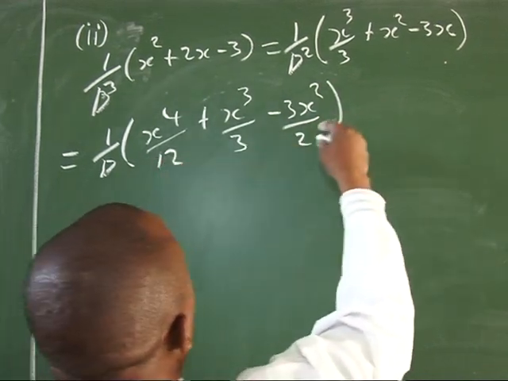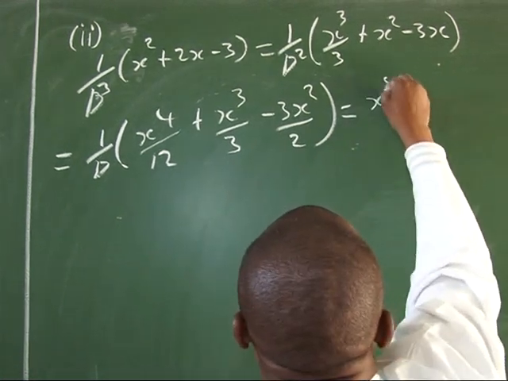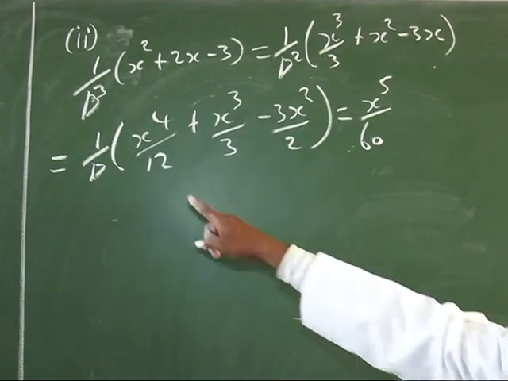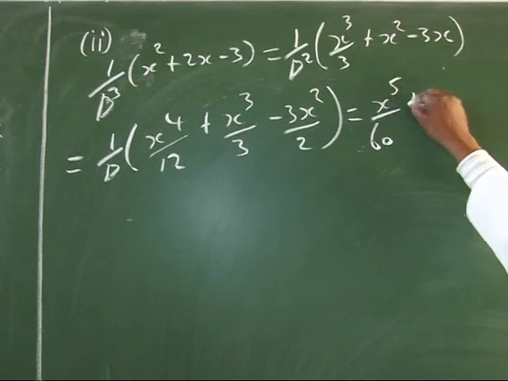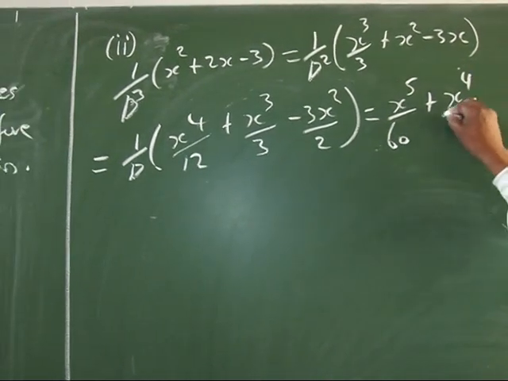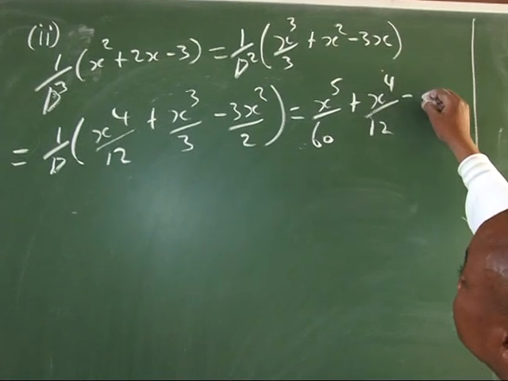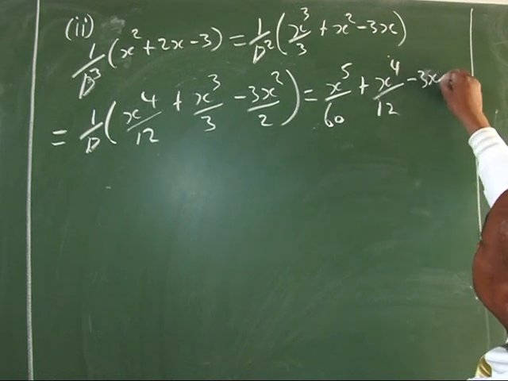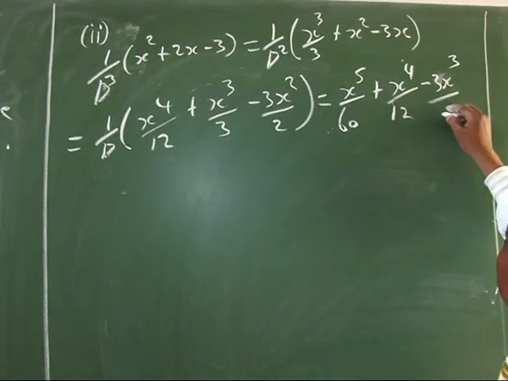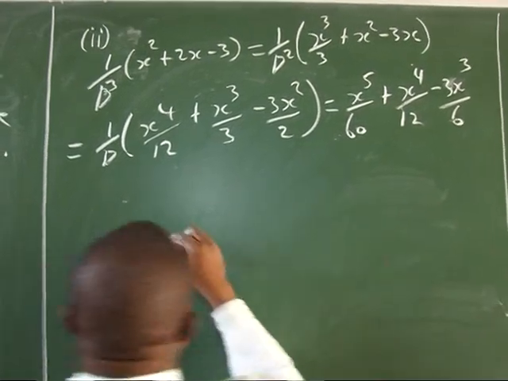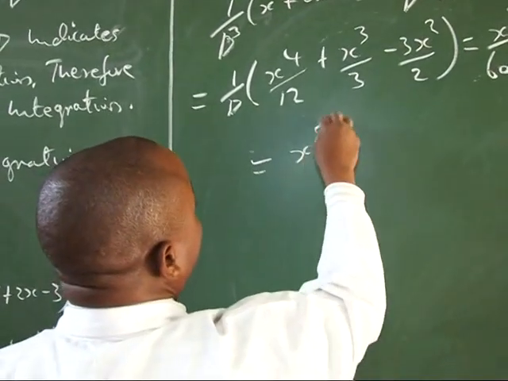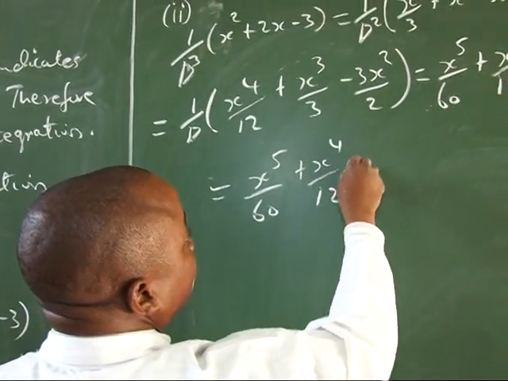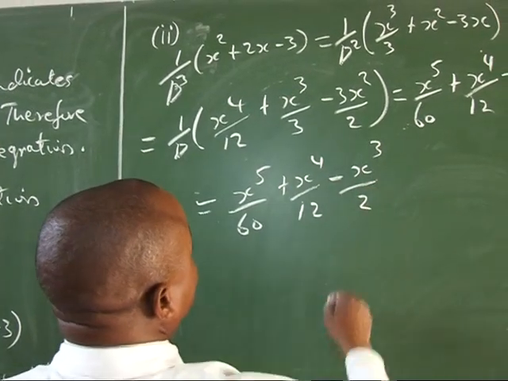Now, integrating this again will give me x raised to the power 5 all over 60, that is 12 times 5, plus x raised to the power 4 all over 12 minus 3x cubed all over 6, which is the same as x to the power 5 all over 60 plus x to the power 4 all over 12 minus x cubed all over 2.